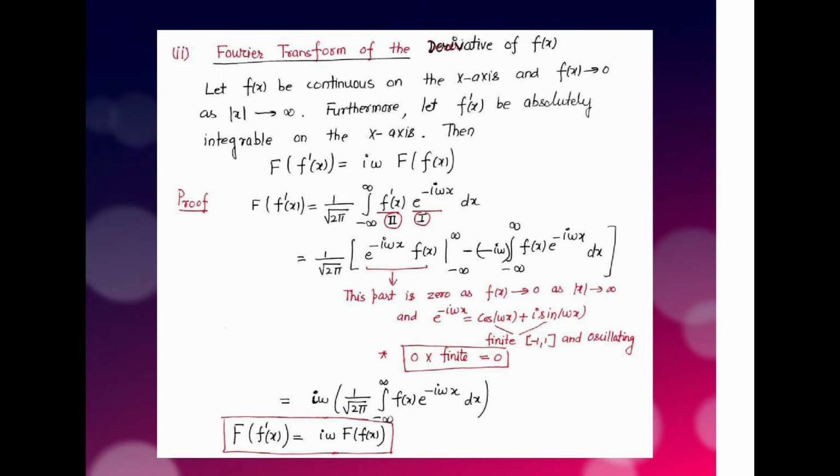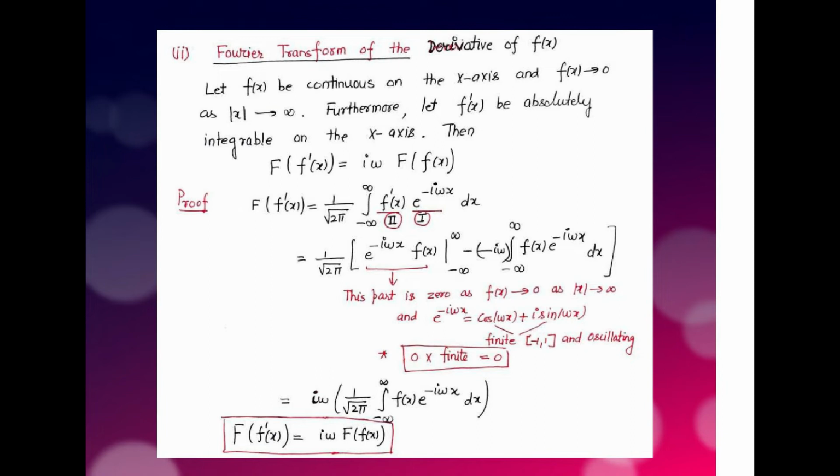Now for this proof, we again start with the definition. Fourier transform of f dash x is 1 upon root 2 pi integration from minus infinity to plus infinity of f dash x and e raised to power minus iota wx dx. Now we just integrate this by parts. We will take the exponential function as the first function and f dash x as the second function.